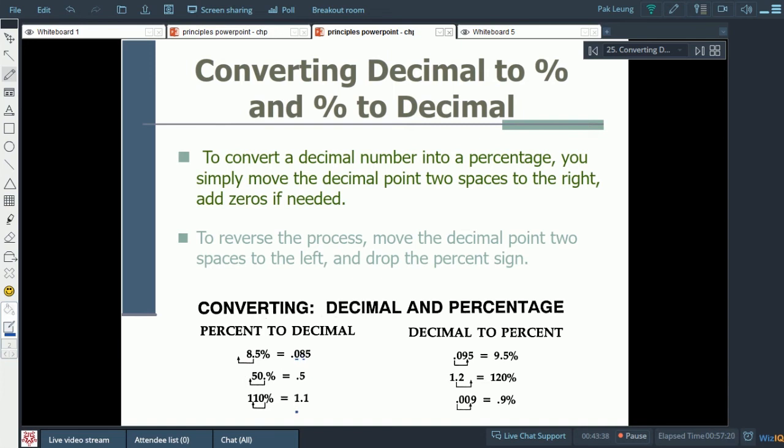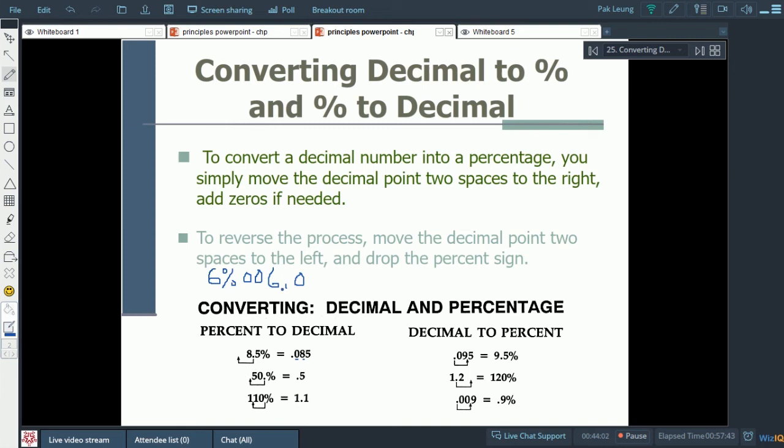Take 8.5%. You move it to the left, 1, 2. So it's 0.085. 50% is 0.5. 110% is 1.1.